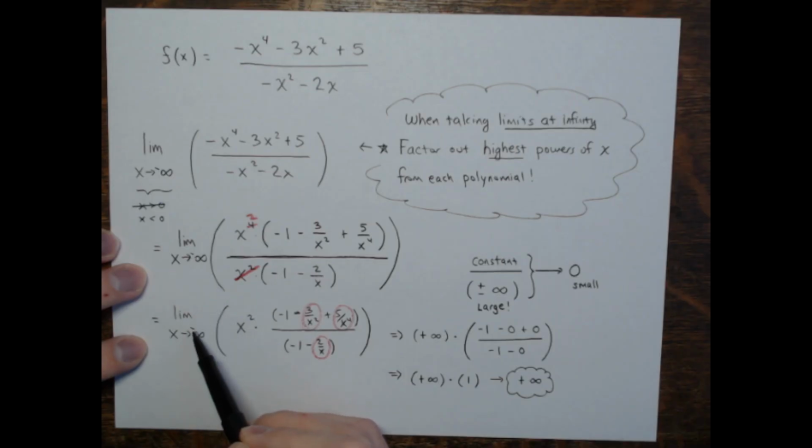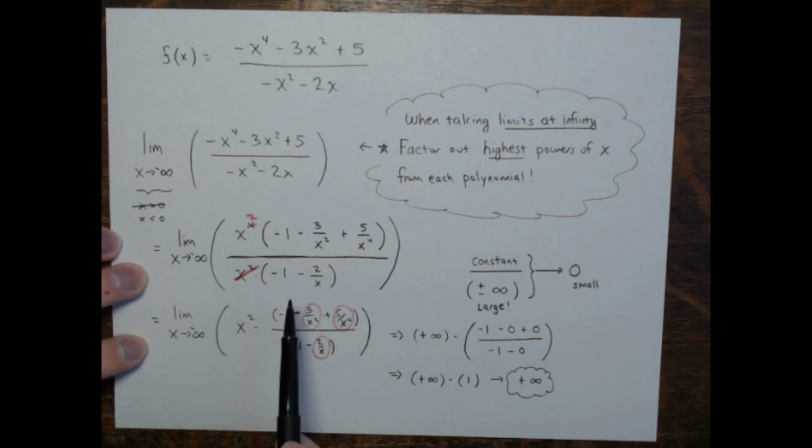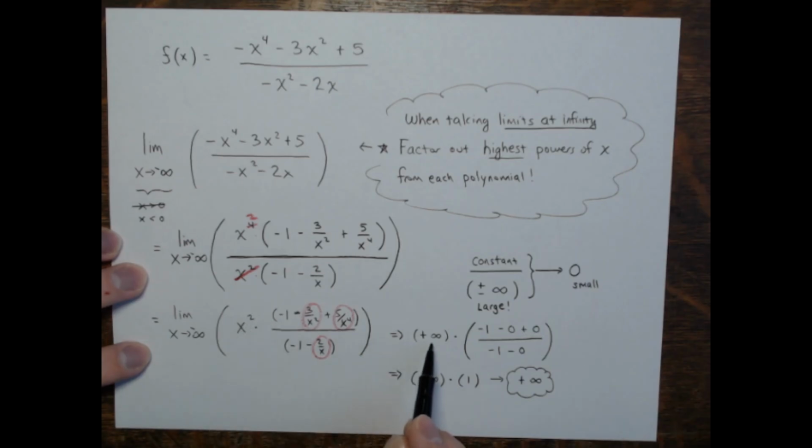So again, negative infinity, negative infinity. And then I'd be left with this expression here. So it's still the same thing, right? X squared. If I plug in larger negative numbers but still square them, I'm getting big positive numbers. So that x squared factor would be going to positive infinity.